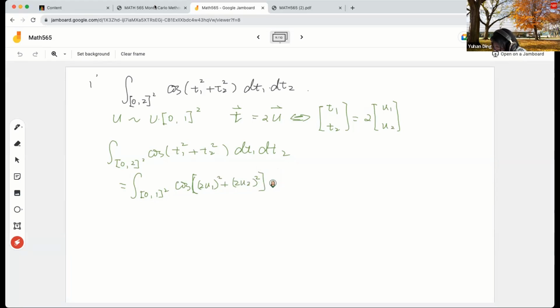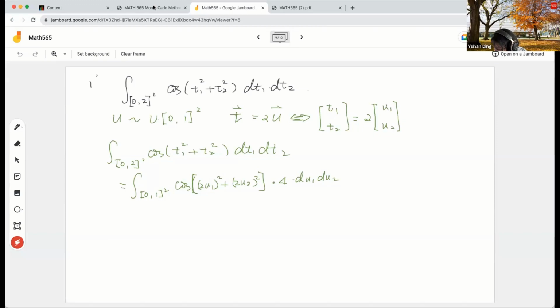Okay, and don't forget the Jacobian matrix, the determinant of that. Okay, then we have what we need here.